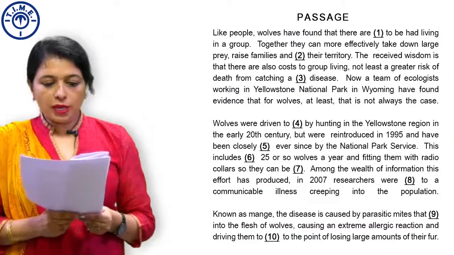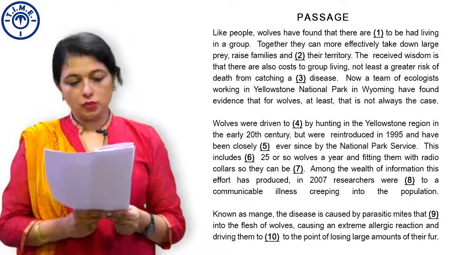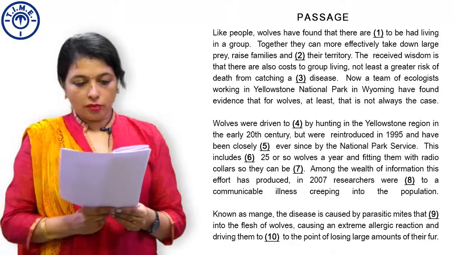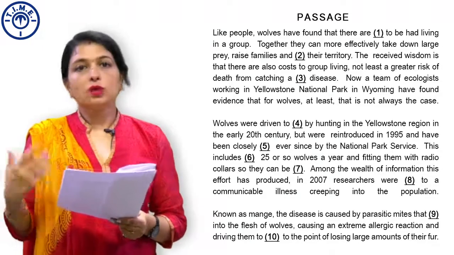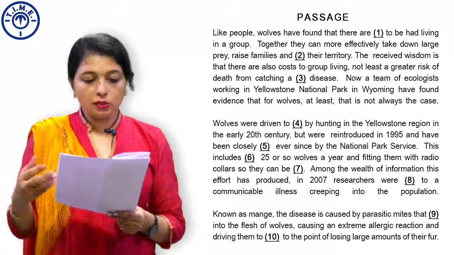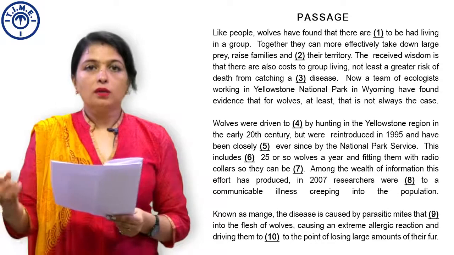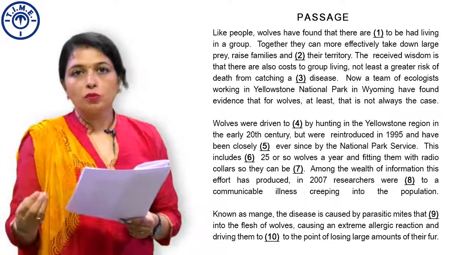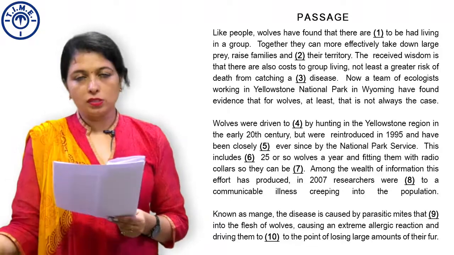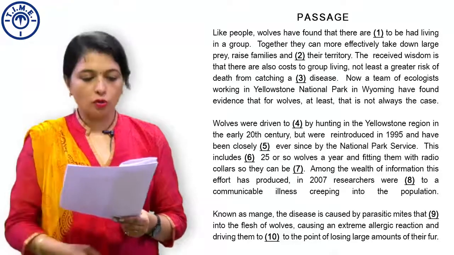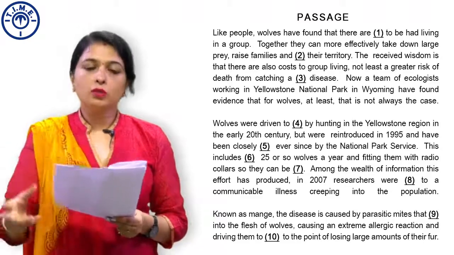Wolves were driven to dash by hunting in the Yellowstone region in the early 20th century. Because we've already taken a look at what the author is trying to tell us and understood that in the beginning of the century, the number of wolves had almost come down to 0 and they were driven to extinction. It's a very clear and common collocation to say to be driven to extinction.